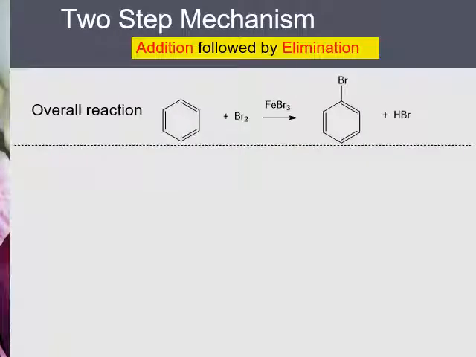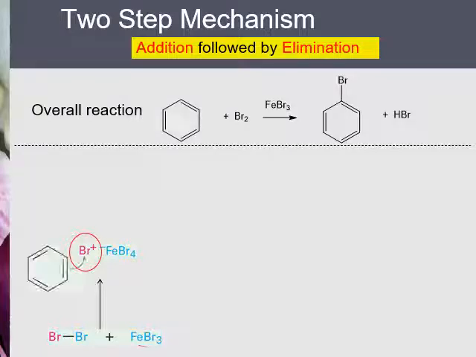Let's draw the mechanism of this electrophilic substitution reaction. So we already know the first step is to activate bromine molecule by catalyst. So when these two add together, bromine becomes bromonium ion. And now even the less reactive aromatic benzene, the pi bond can attack bromonium ion.